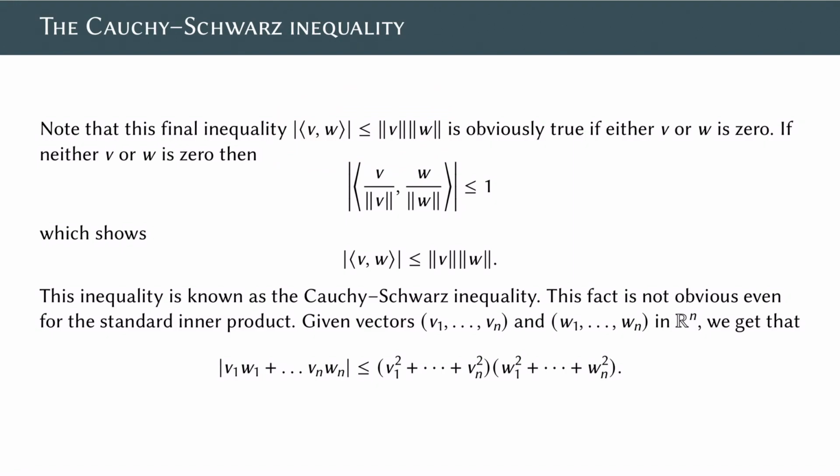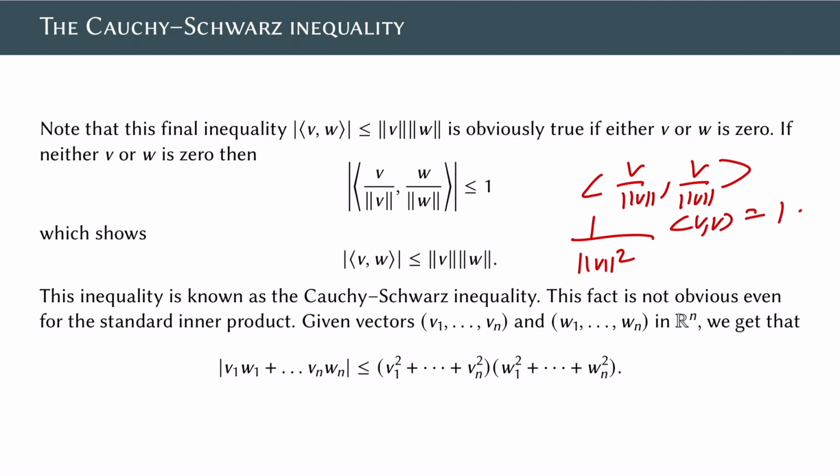So assume now that neither of these vectors is 0, and we are going to try to show the same inequality. We reduce it to the case of unit vectors by considering the inner product of v by norm v, comma, w by norm w. Both of these will be unit vectors, because when you take the inner product of v by norm v with itself, you get 1 by norm v squared times ⟨v, v⟩, which is just 1.